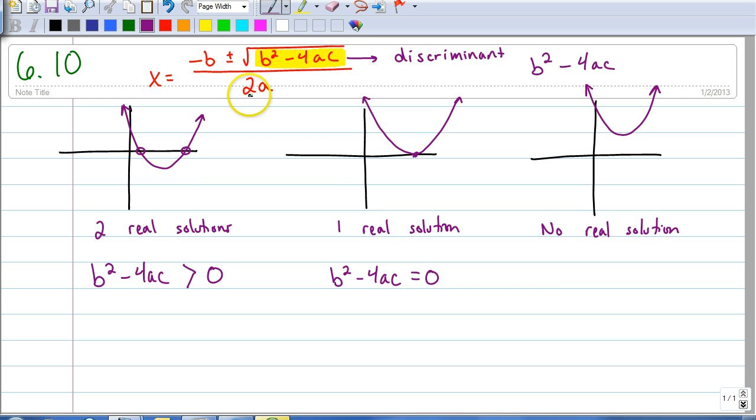I'm just going to have the opposite of b divided by 2a, which means I'm only going to have one real solution. If I end up with b squared minus 4ac being a negative number, meaning it's less than 0, that's where we're going to have no real solutions. Another way to look at that is we would say it's also two non-real solutions.